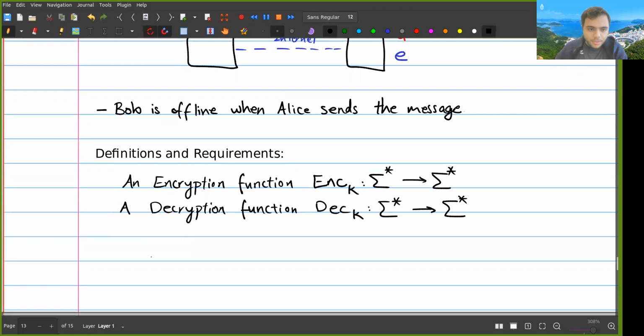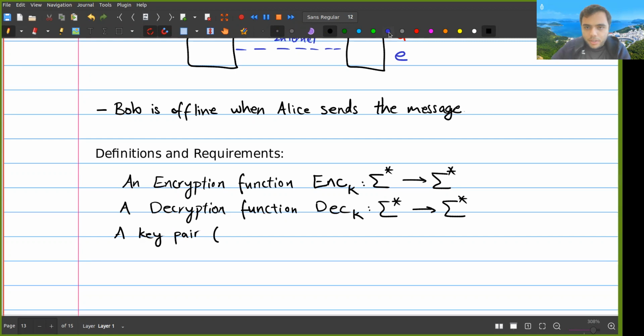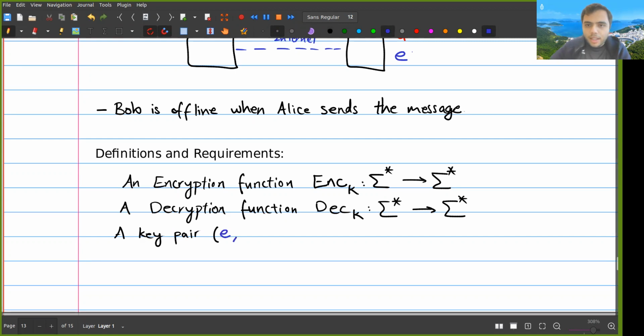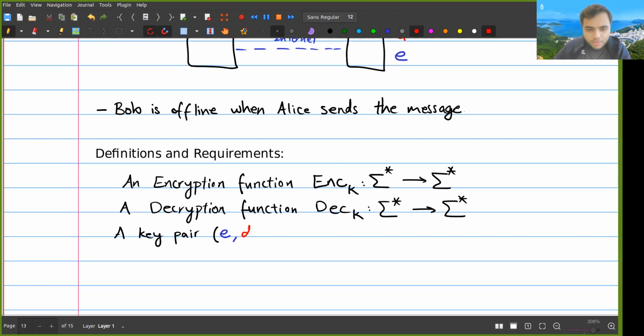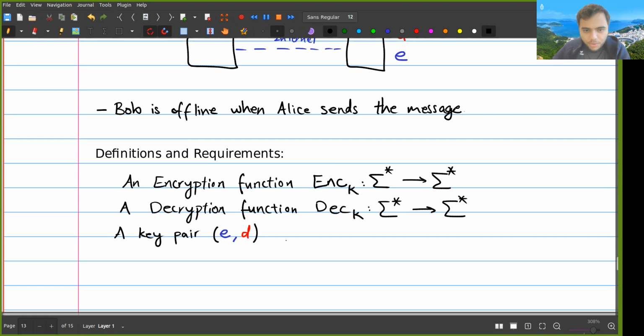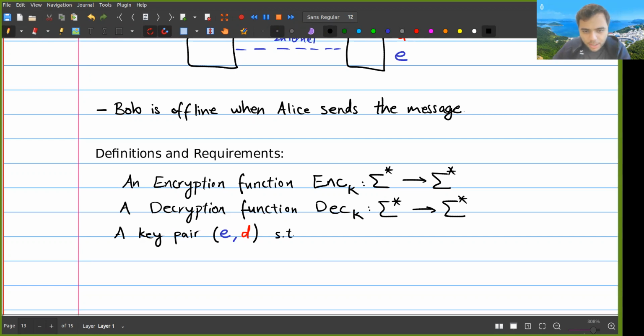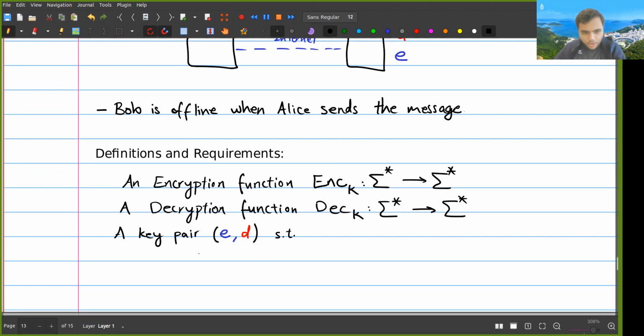So we say a key pair is basically just a pair where you have an encryption key, which is public, and a decryption key, which is private. So only Bob knows that.